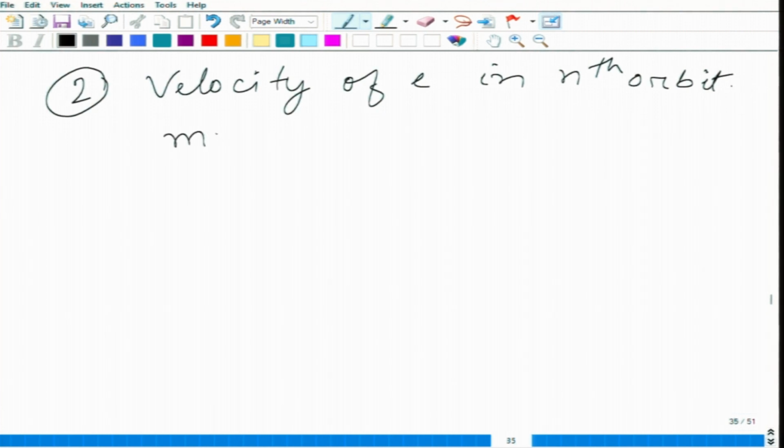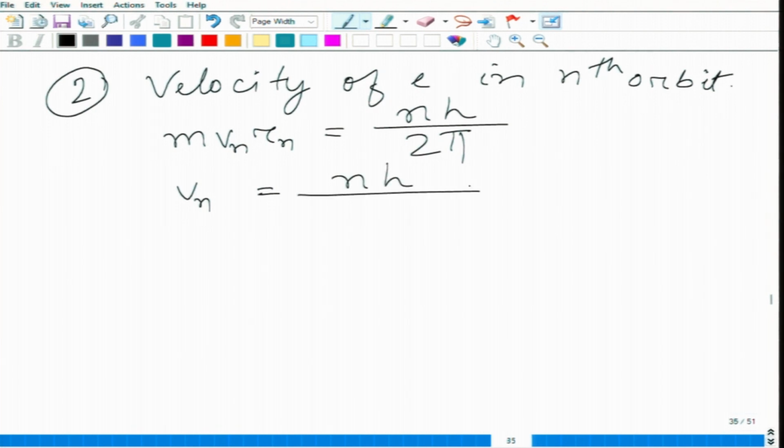We have m Vn Rn is equal to nh by 2 pi, right? So Vn will be nh by 2 pi m Rn.